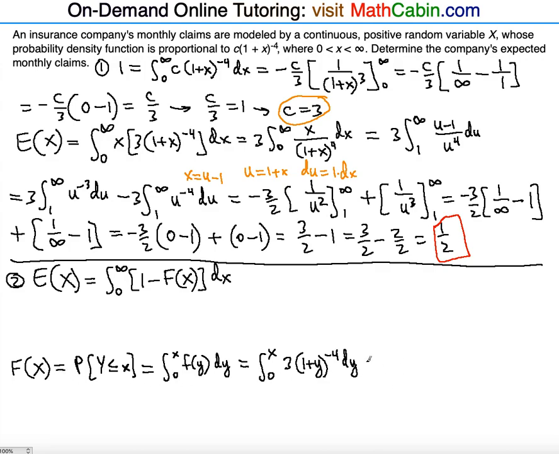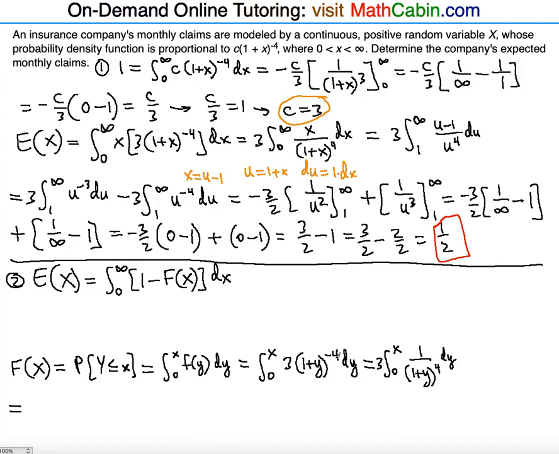So now this is going to be what? We can write it as the integral from 0 to x, placing 3 outside, of 1 over (1 plus y) to the 4th dy. This is fairly simple. You didn't have to write it this way; you could have just started from here and used the power rule.